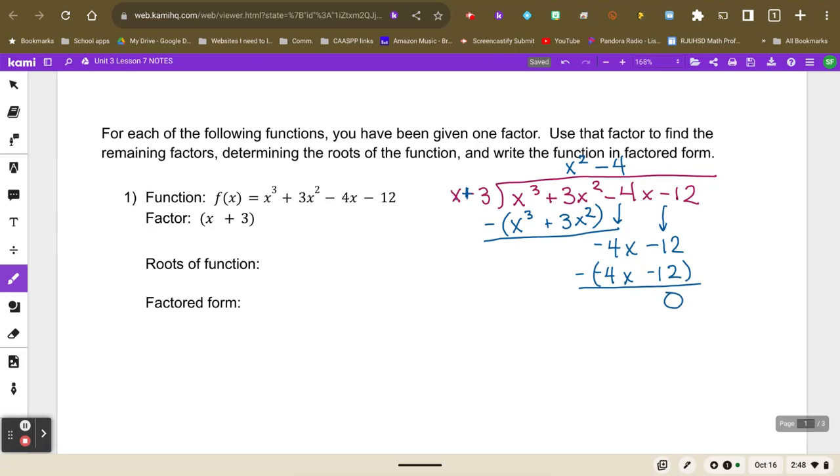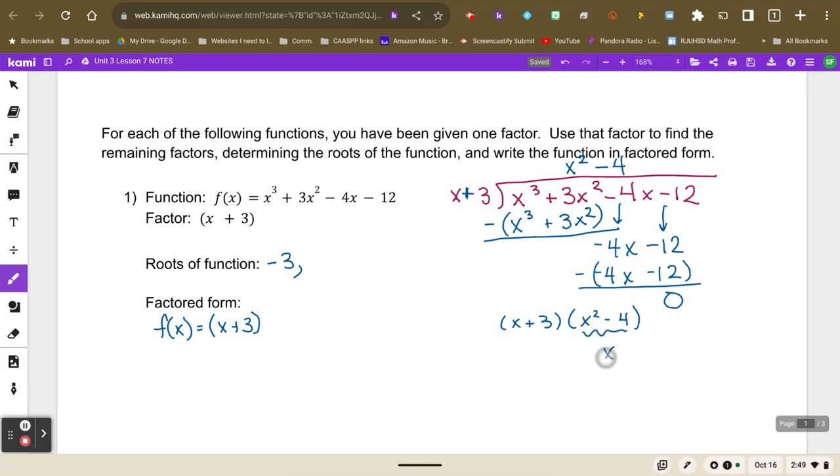Okay. So right now, we know we have one of our factored forms is going to be x plus 3. And that means we have a root at negative 3. Now, the other one, we have x squared minus 4. This one is not very simplified, so we're going to have to solve it.